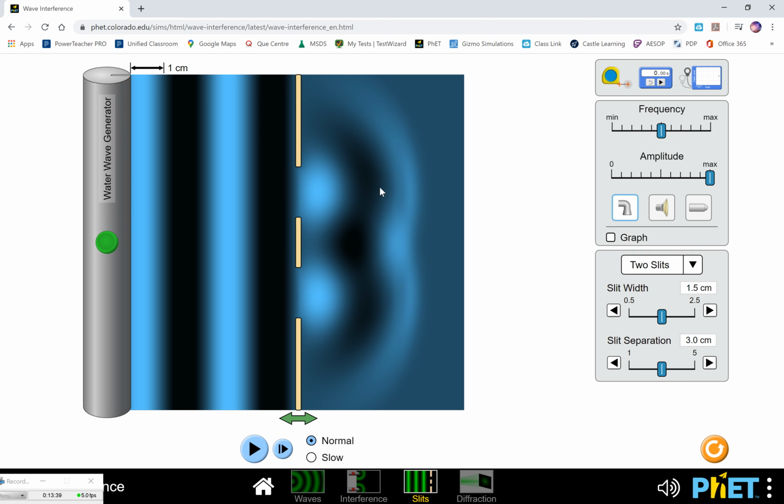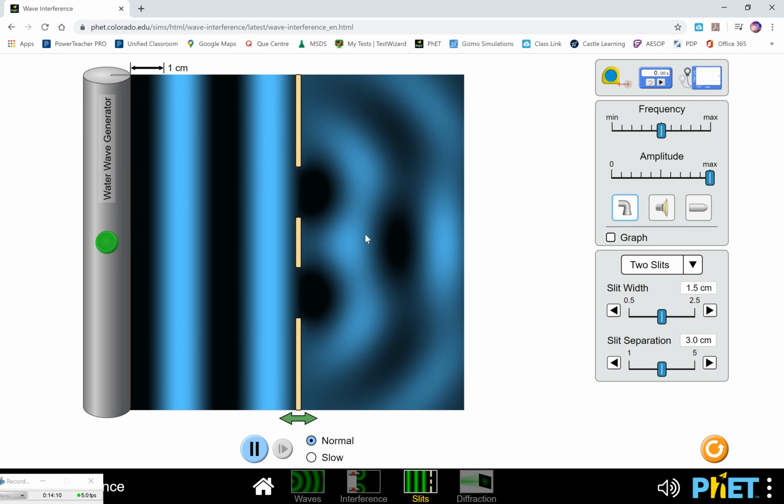The dark lines here are going to be the troughs of our wave. And where they combine with each other, again, traveling in the same direction, the same medium, and 0 degrees out of phase, we have maximum constructive interference. We can see that this point here where they are interfering has a greater amplitude than what we see at the edges of the wavefront.